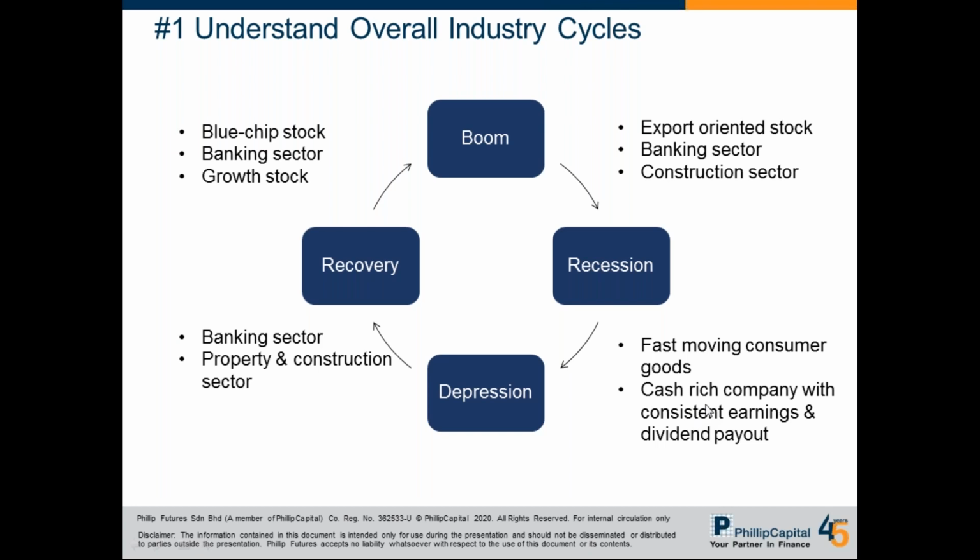This group of companies is something we can monitor and put in our watch list. In today's scenario, what causes this recession to depression is COVID-19, so healthcare is definitely another industry that benefits from the recession to depression period. We can put healthcare in here as well.